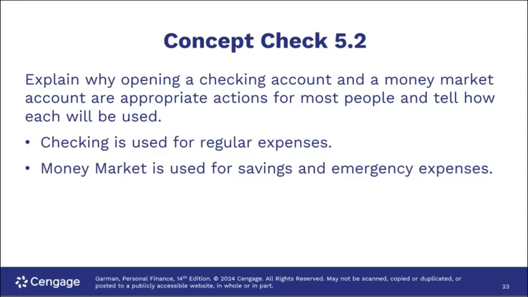Typically there's a limited number of checks. 3 to 5 is pretty common per month. If you go over, if you wrote 6 checks, there would probably be some penalty. You would pay some amount of money if you went over the maximum number.